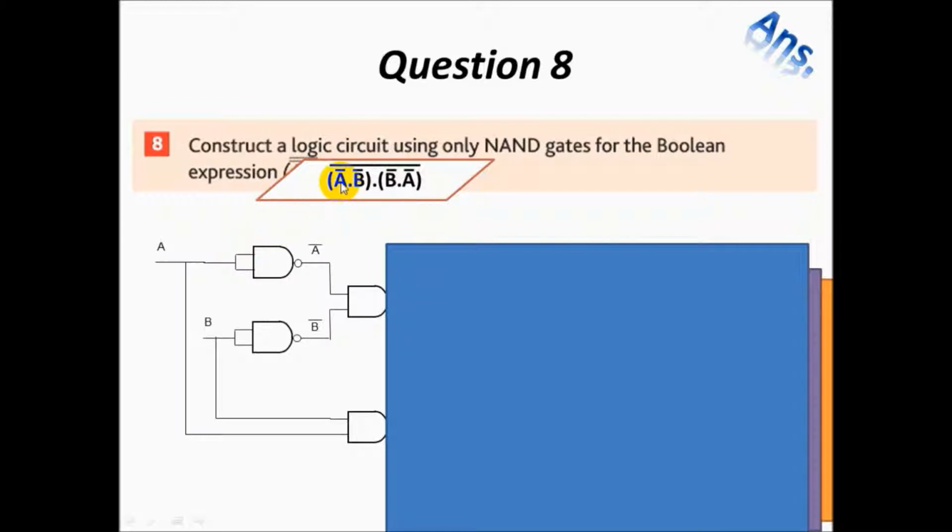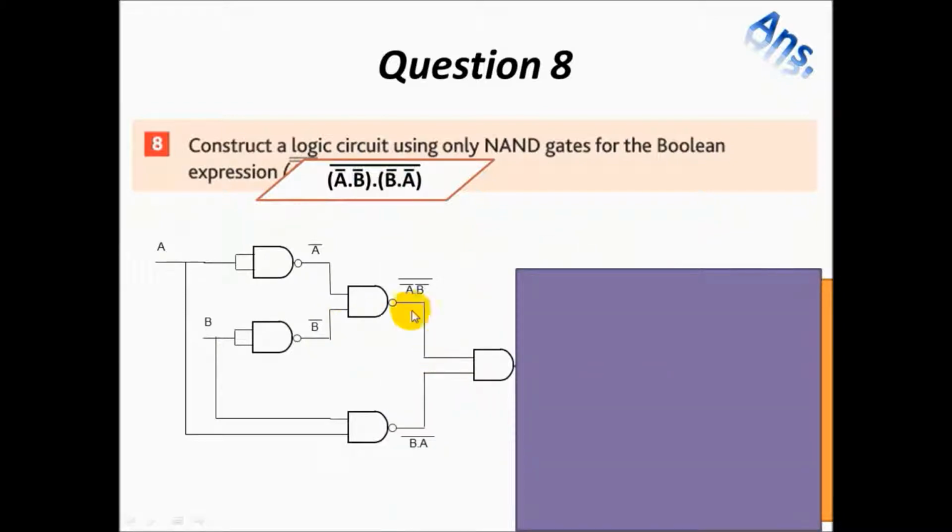So we've got a NAND, so it's an inverted A, inverted B. Now we've got another NAND, so that's the big line, A and B. And here we've got another A coming through, and another B coming through, and those are inverted.